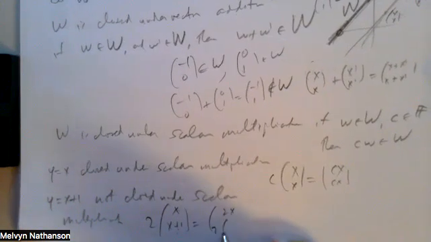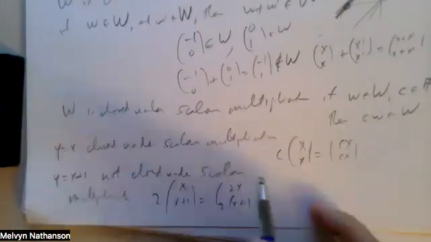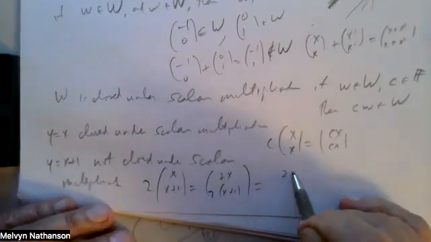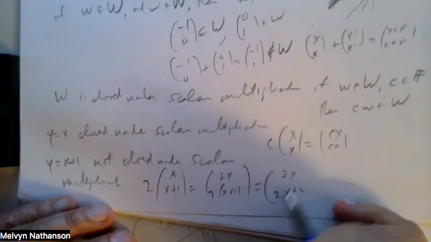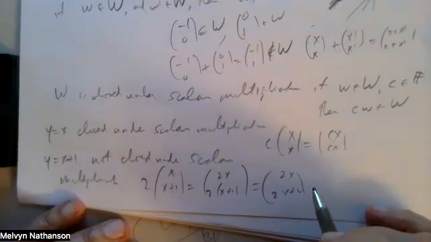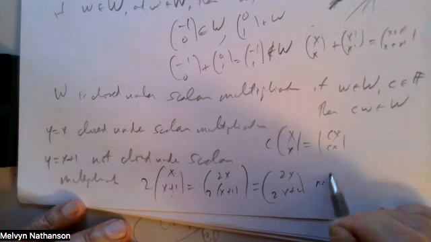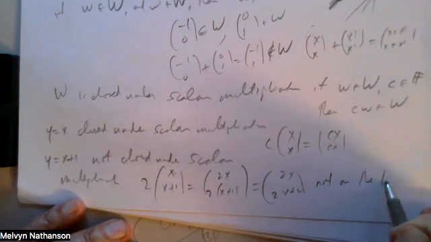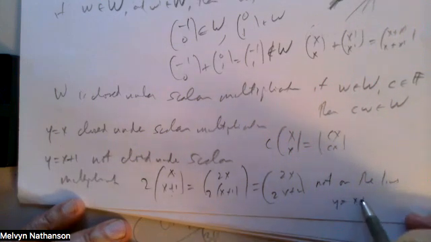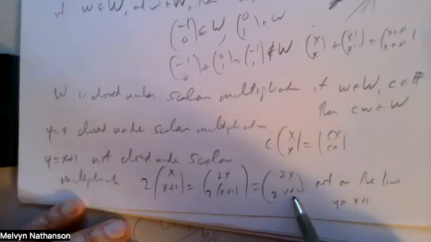I get 2x, 2 times x plus 1, which is 2x, 2x plus 2, which is not in W, because 2x plus 1 is different from 2x plus 2.